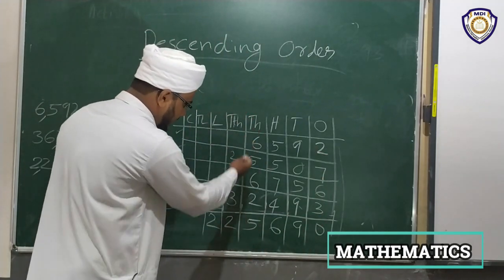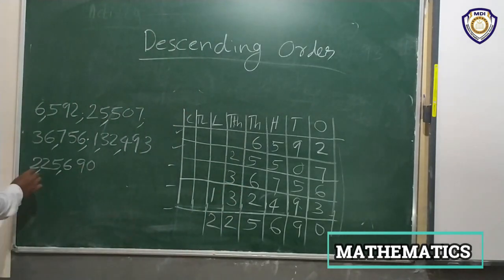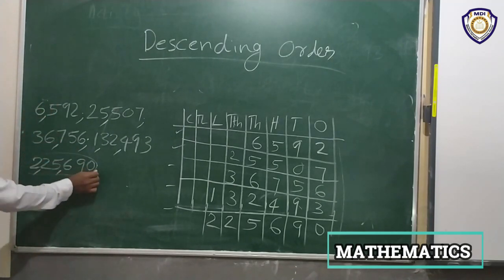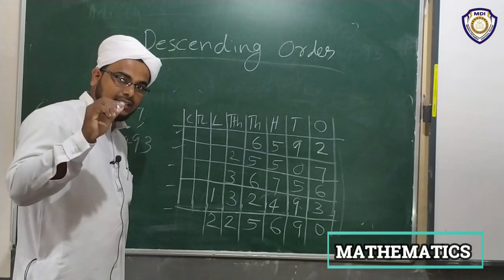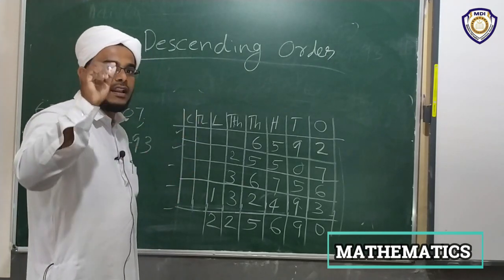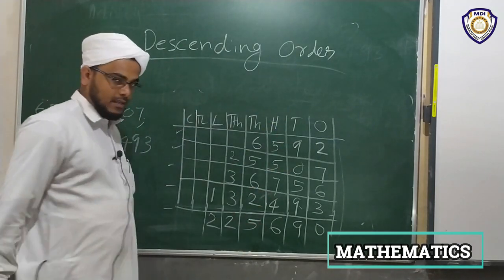You can write like this in a table, but you first write here the largest. This number will come here, and this number will come here at last. That is the descending order.